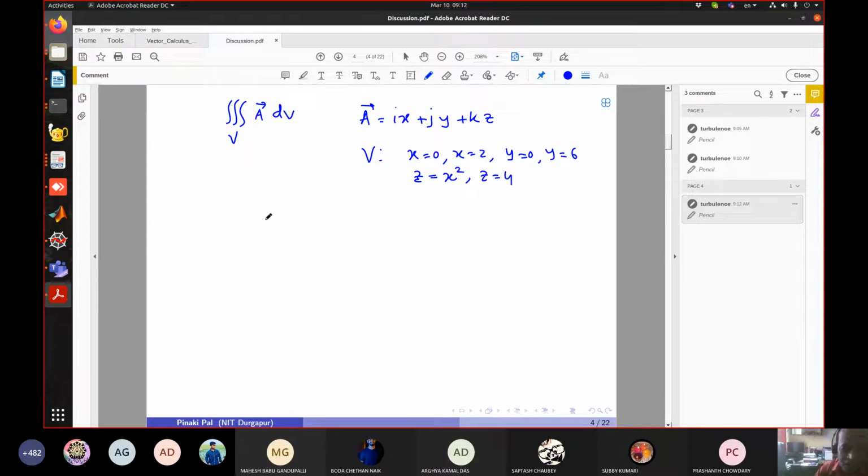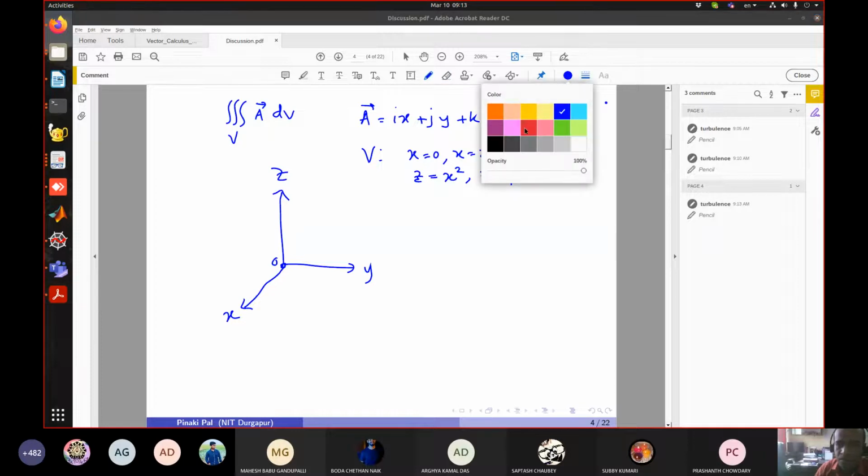So what is the region of integration? Let us try to understand. These are my coordinate axes, 0, x, y, z.